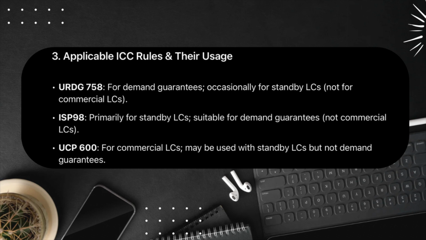It may also apply to demand guarantees, but it is not suitable for documentary credits. UCP 600 is designed for commercial documentary letters of credit, but it is sometimes used for standby letters of credit. However, using UCP 600 for demand guarantees is generally discouraged.